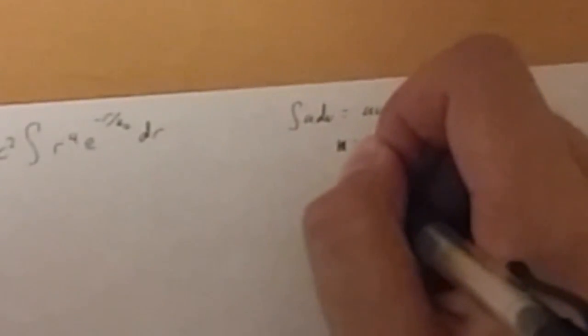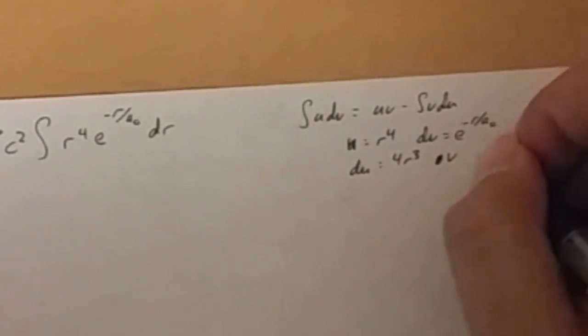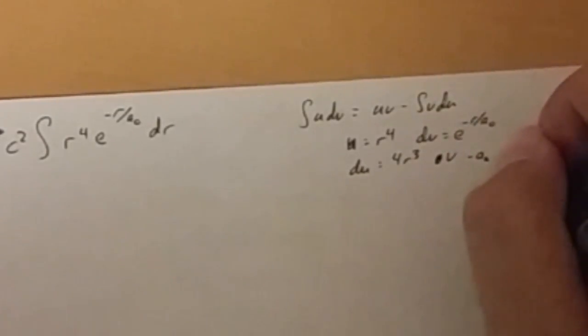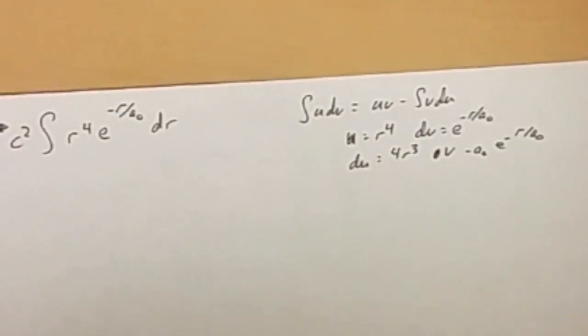And I'm going to say that du, we derive it as 4r cubed, and v is going to be negative a naught e to negative r over a naught.